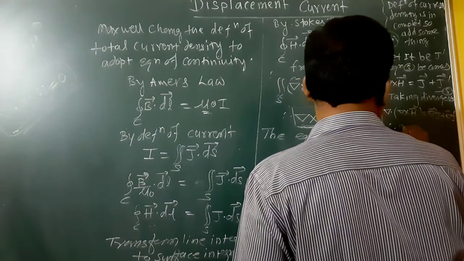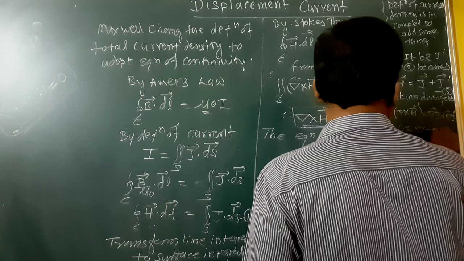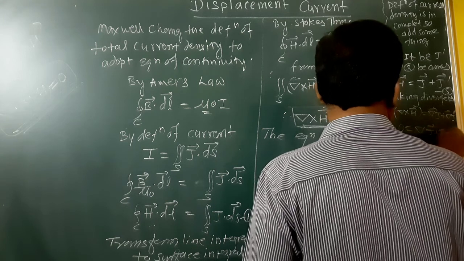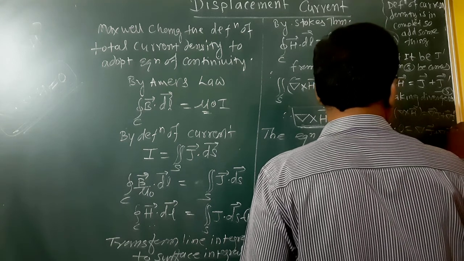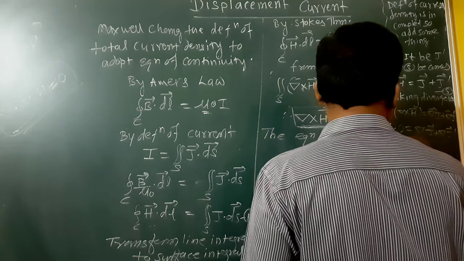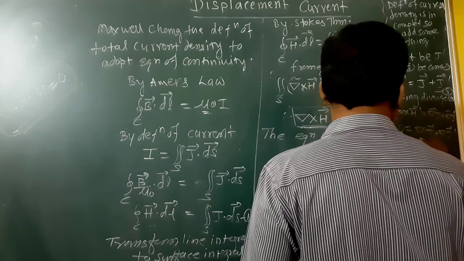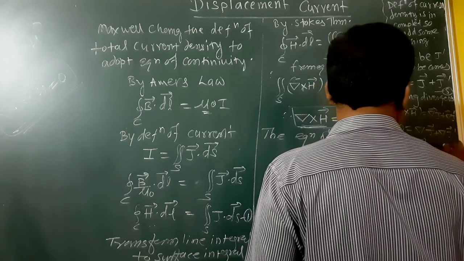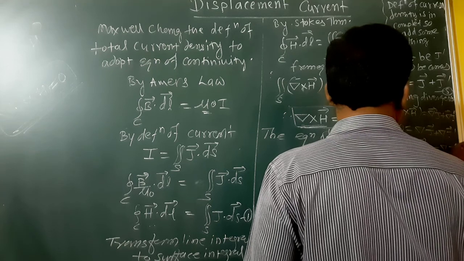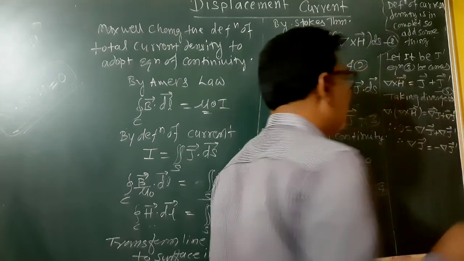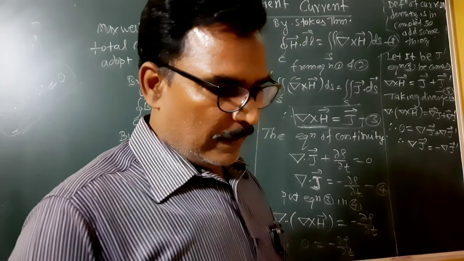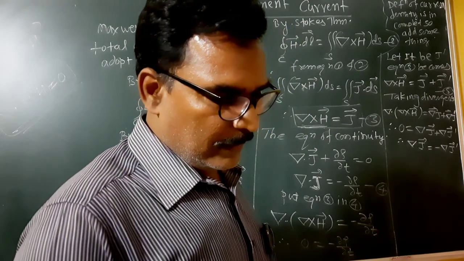Therefore 0 is equal to divergence of J bar plus divergence of J bar dash, and finally divergence of J bar is equal to minus divergence of J bar dash.